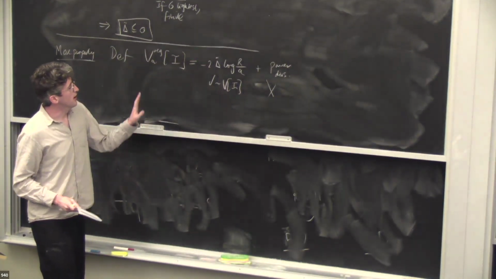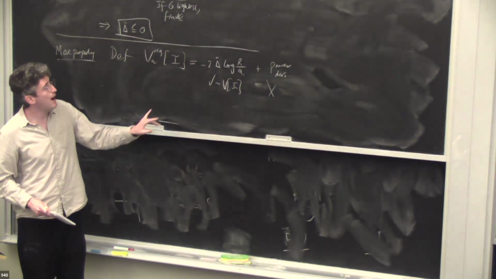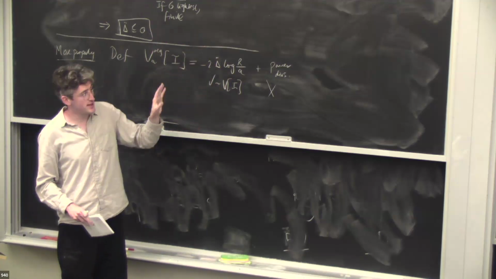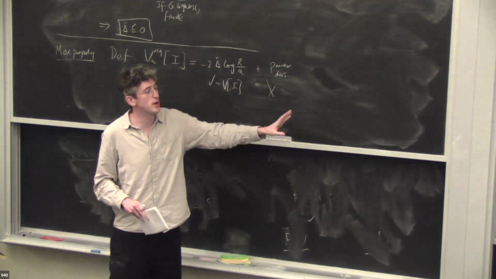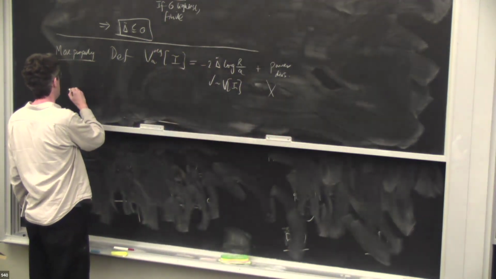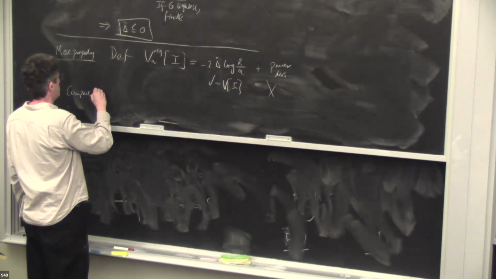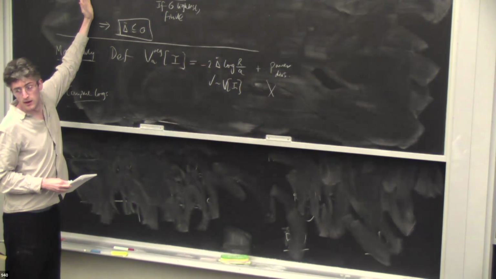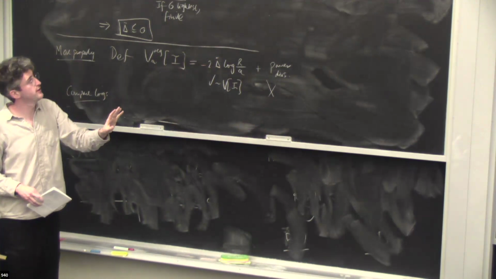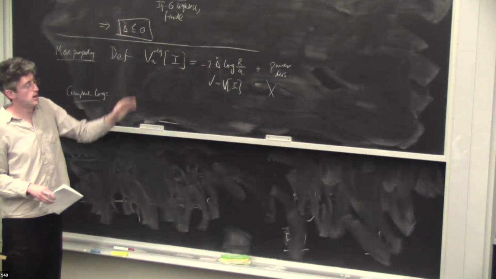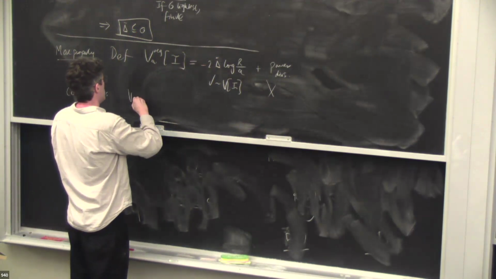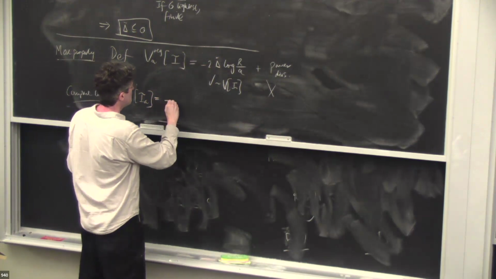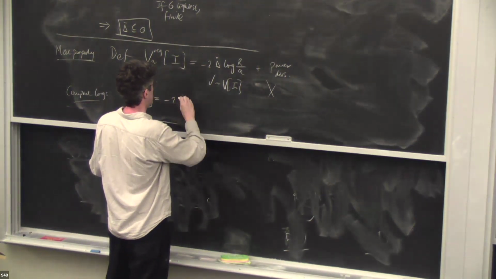But what's nice about this guy is we can precisely track the relation of our log term in our quantity to this one. The only difference is this contact term. You can just check that's the only difference. So if you just compare log terms, you see that what actually goes wrong with this quantity, if you choose a different coordinate, so if you don't go along a geodesic, is that Vi of A picks up an extra contribution.